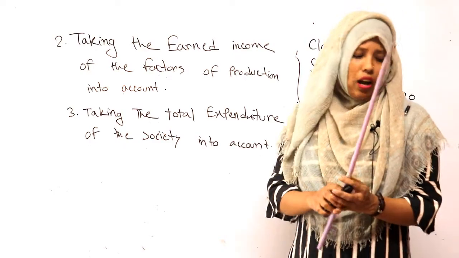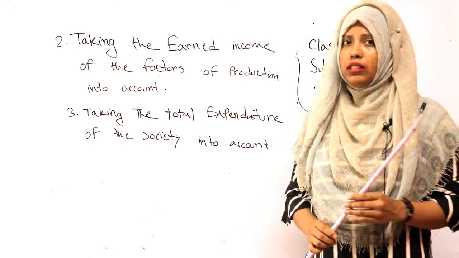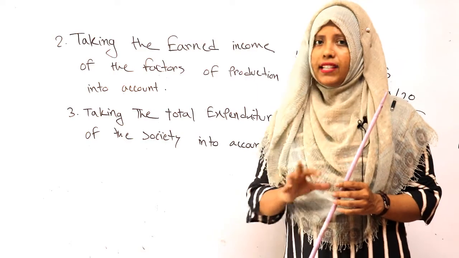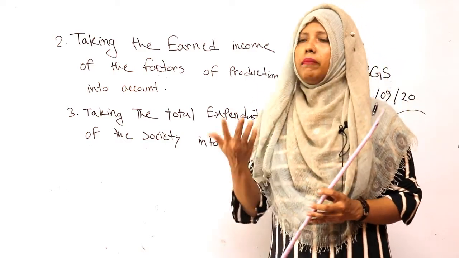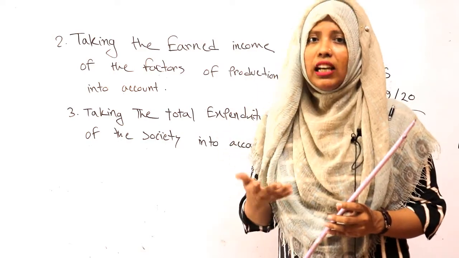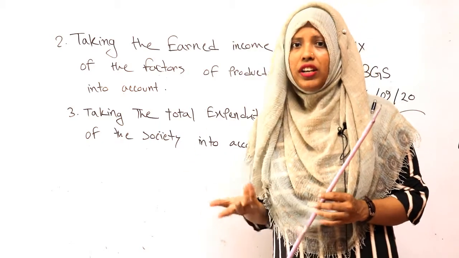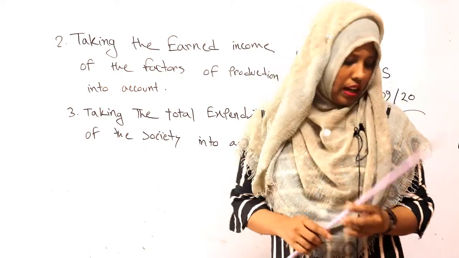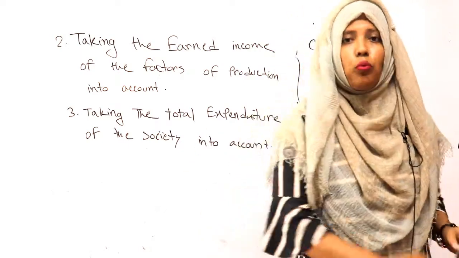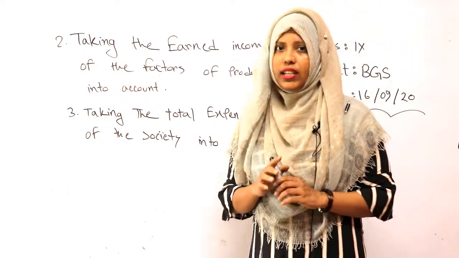So students, we have learned about the 3 types of measurement of GNP. That means how we can measure the GNP of any country within 1 year. If I recall, which things are included in GNP?